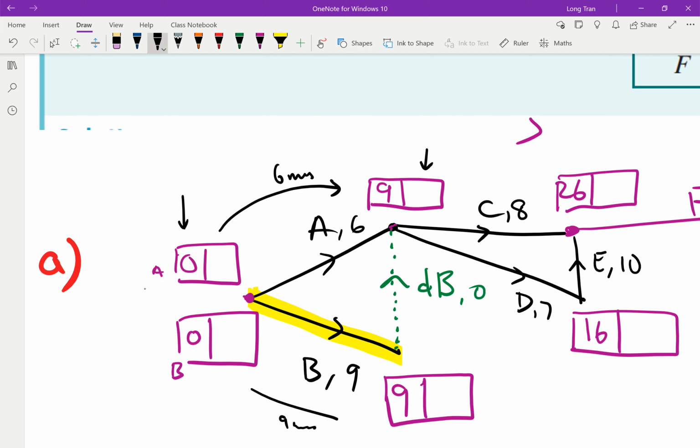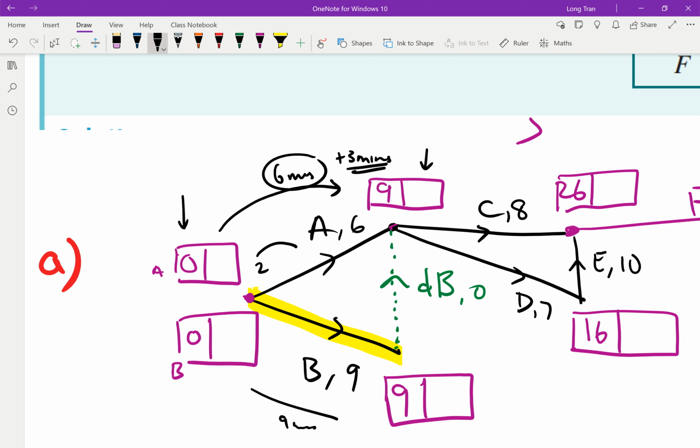Well, because it only takes 6 minutes, there's a float or a space of 3 minutes available for A to start. So A can start, say, 2 minutes in. 2 plus the 6 only gives me 8. They still finish before B even completes.